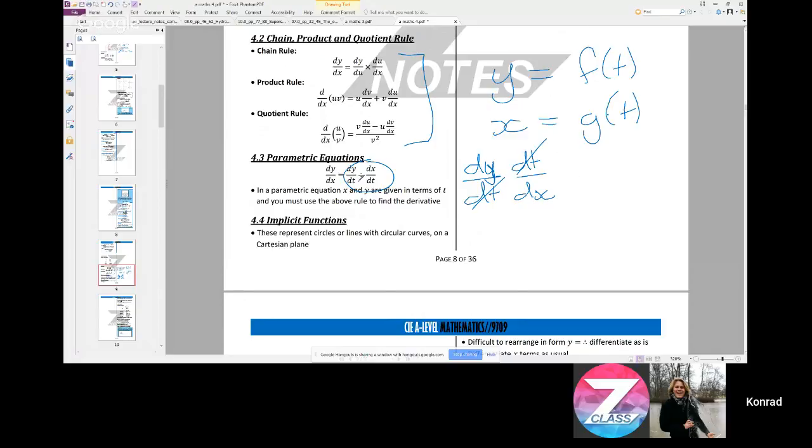The only other thing that is worth being aware of is that this is no different to your normal y as a function of x stuff, right? You can find y as a function of x, and the way that you do that is you rearrange your x equation to get t equals some other function of x, right?